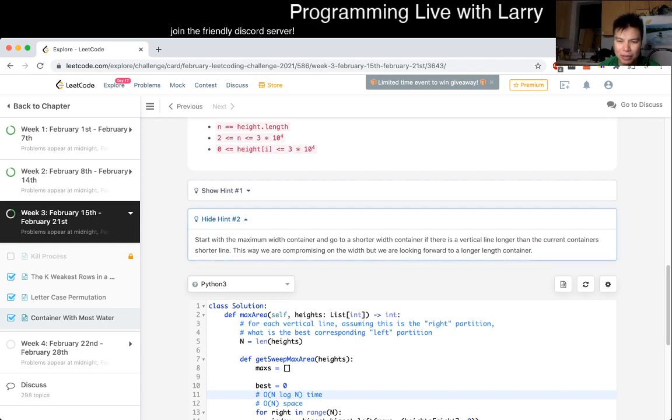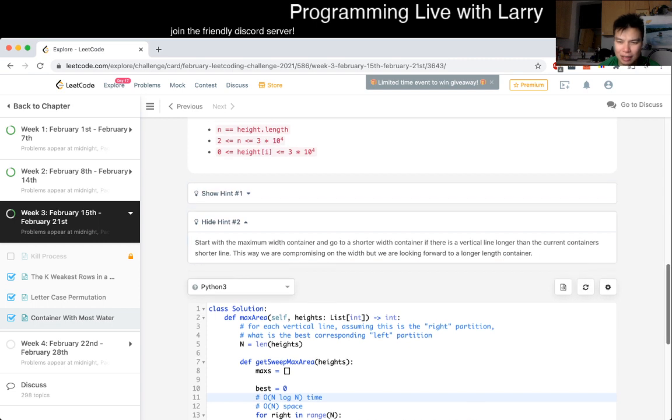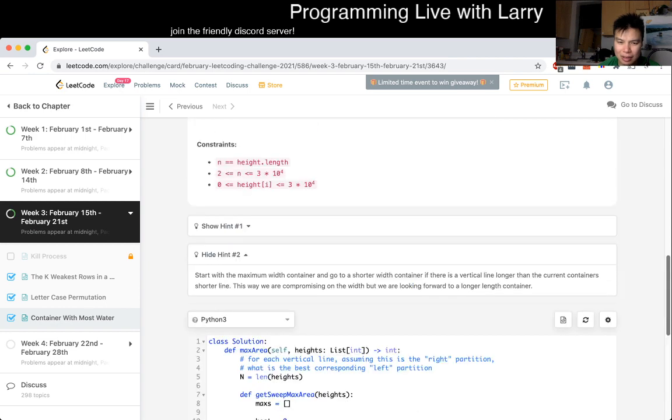If there's a vertical... I guess. Is this like some kind of... I mean, this is too big, right? 30,000 for n square. I don't know.